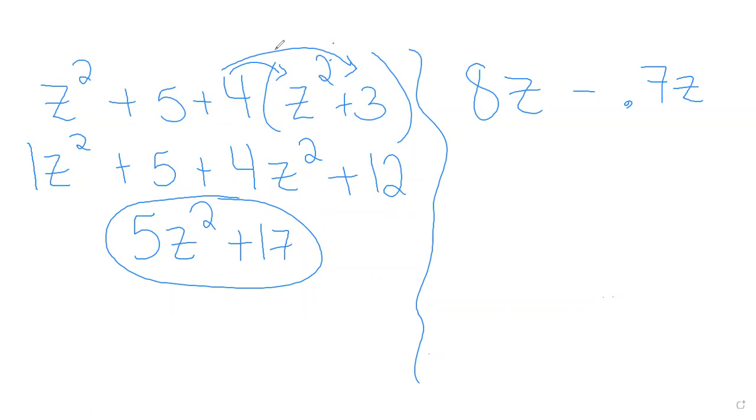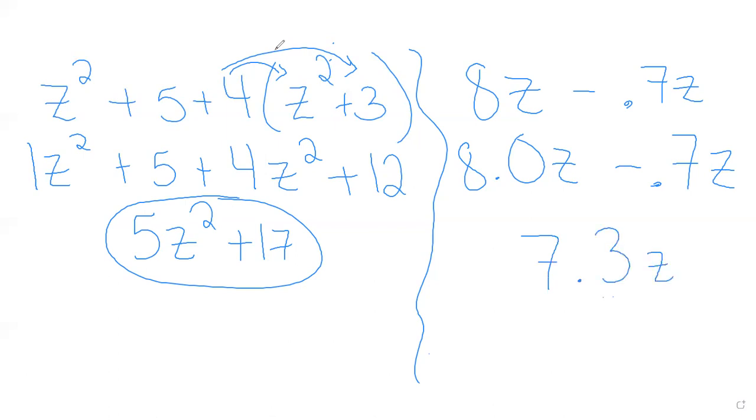Please don't just think that that's an 8 and a 7 and tell me that the answer is 1, because that is not the case. Remember, 8 is really 8.0z, if you wanted to put a decimal in that, minus 0.7z. So 8 minus 0.7 leaves me with 7.3, and then we have our z because both of these terms had a z in it.